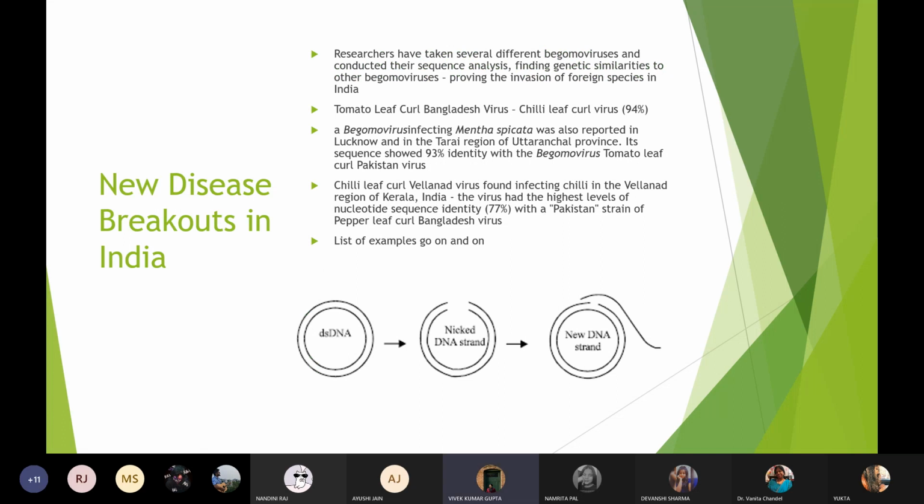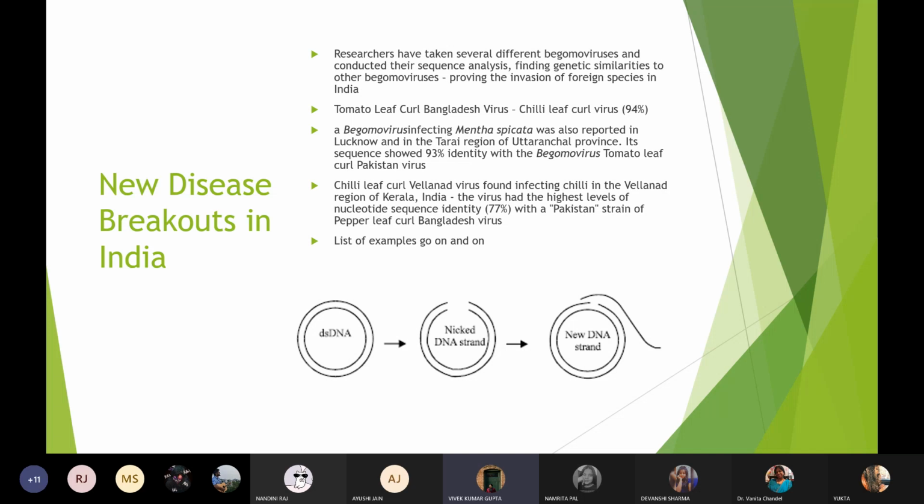Now, when we're talking about Begomoviruses, it's important to look at any new disease breakouts in India. So actually, there was a review article that was done. Basically, researchers took several different Begomoviruses and conducted their sequence analysis, finding genetic similarities to other Begomoviruses, which proves the invasion of foreign species into India.